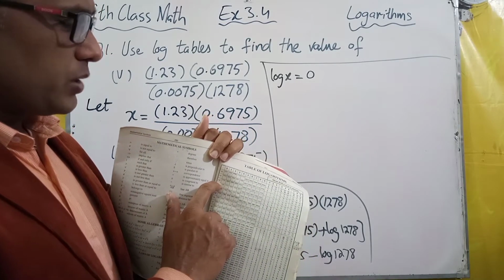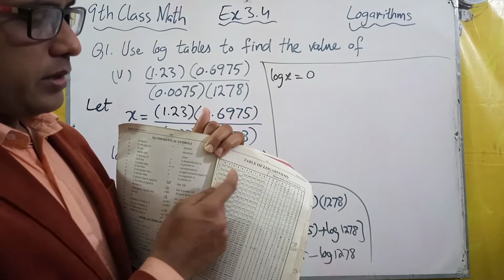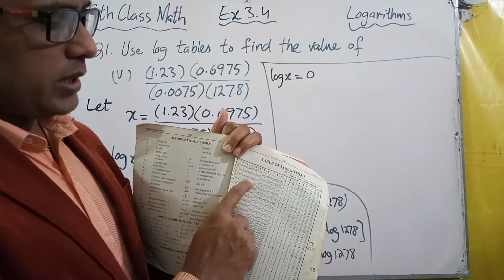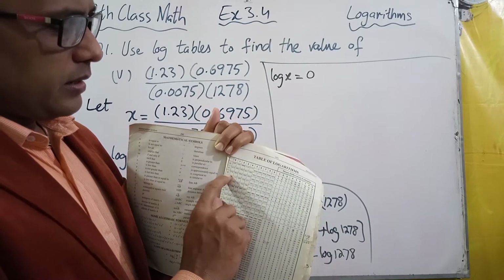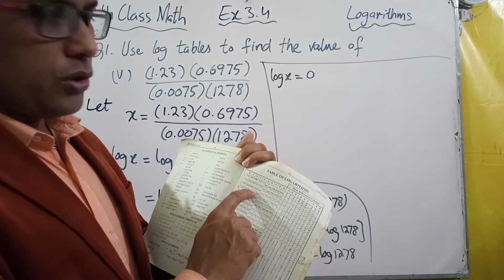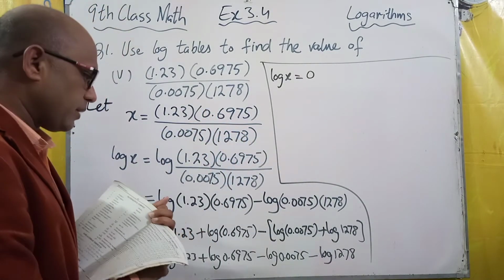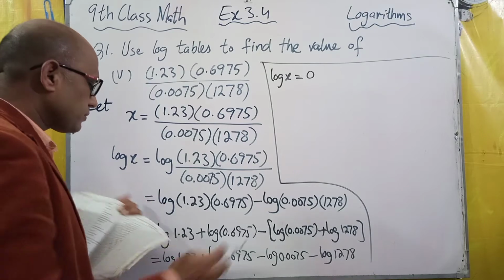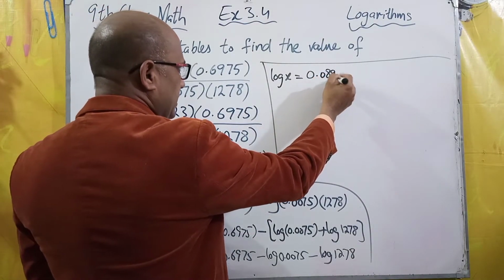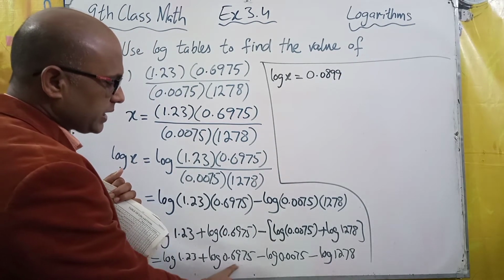We'll see 12 in column 3. Column number 3 is here, and 12 in column 3 is 0899. So we'll write after the point 0899.